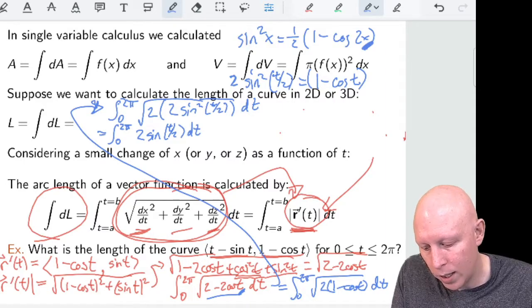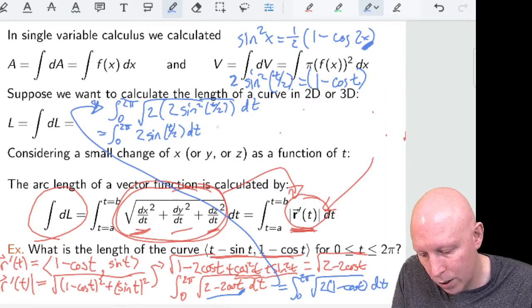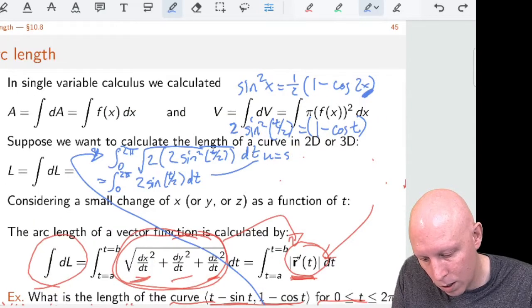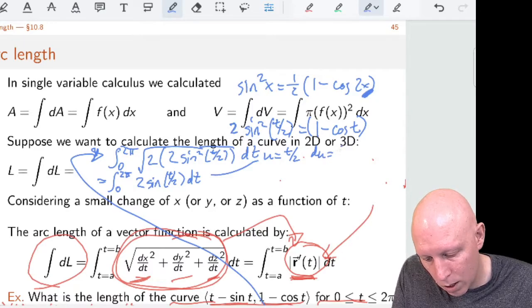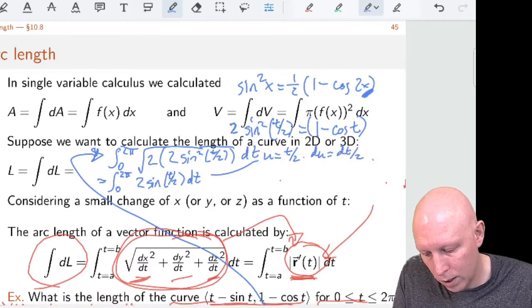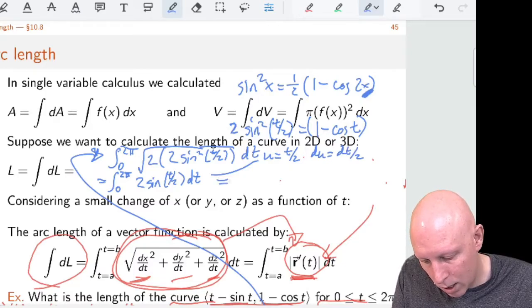And then we let u equal t over 2. Then du is equal to dt over 2. And so we get that this is the integral, and we also have to change the bounds of our integration.